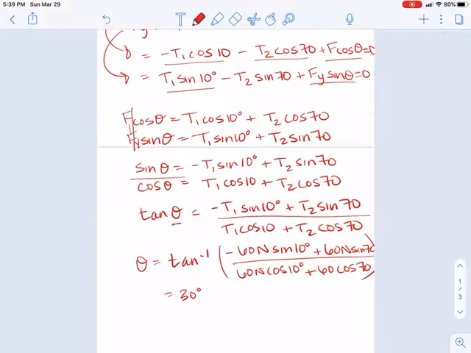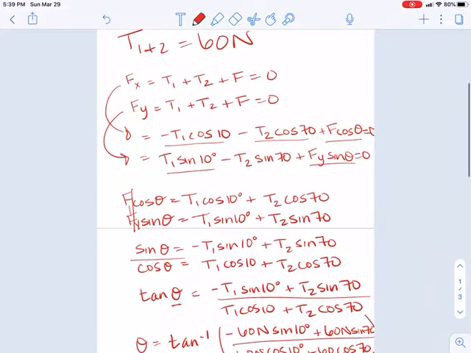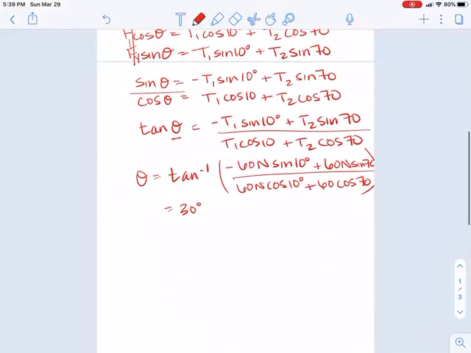Okay, and now just go back up to the force of x, where we have this negative. It really doesn't matter, you can do the force of x or the force of y. I'm just doing the first one. So the force of x was negative tension 1 cosine 10 degrees minus tension 2 cosine 70 plus the force cosine theta equal to 0.